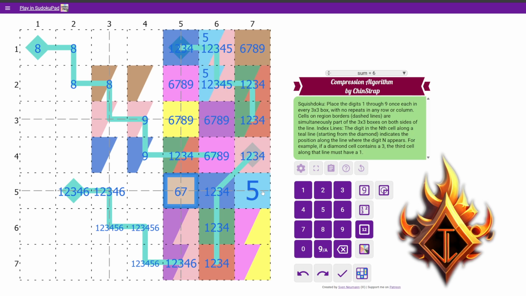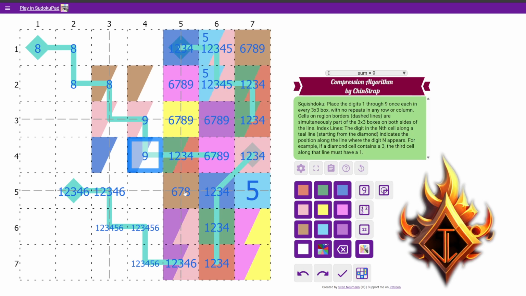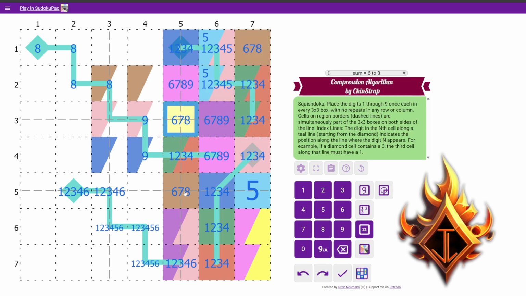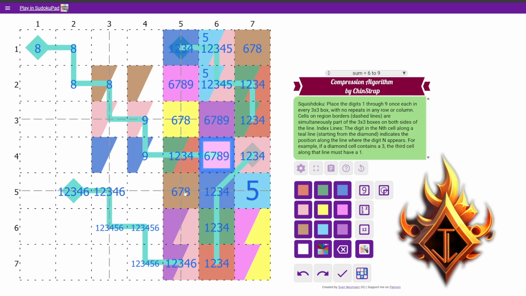And this one cannot be 9. Brown cannot be 9, because that would take out all the possible 9s there. So, brown cannot be 9. Oh, this cannot be 9 either. Yellow. Those could.